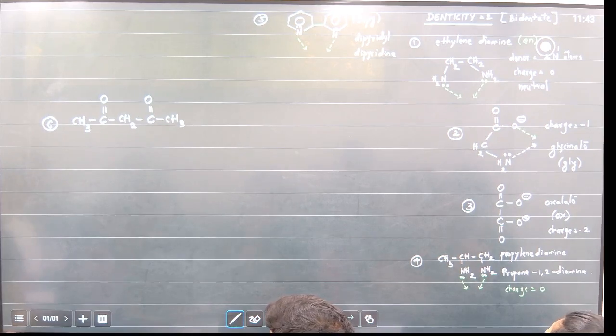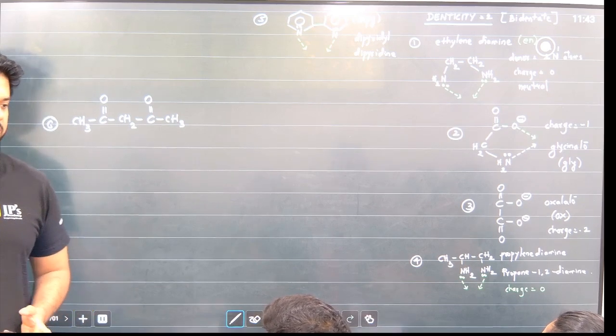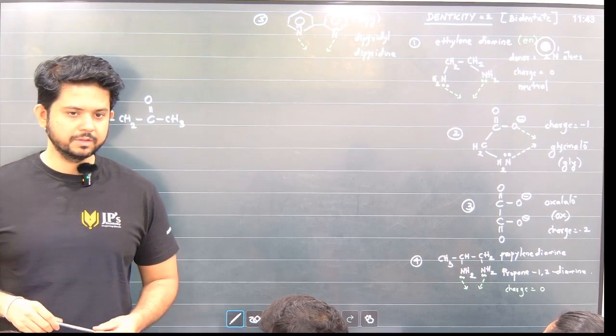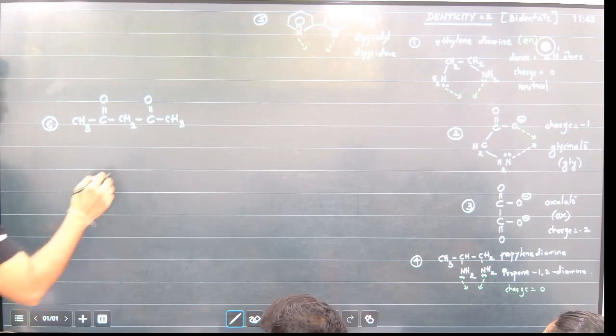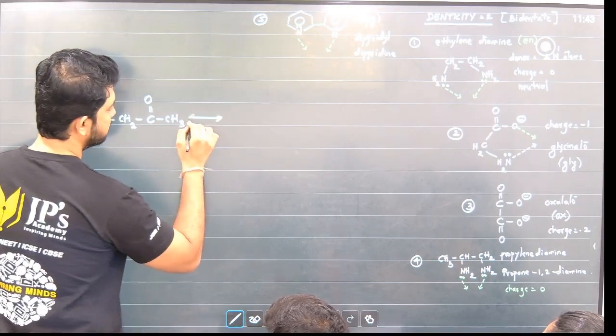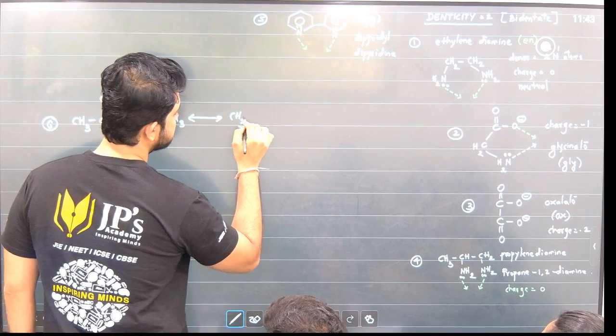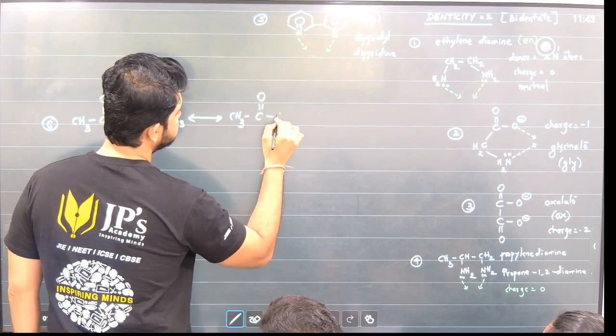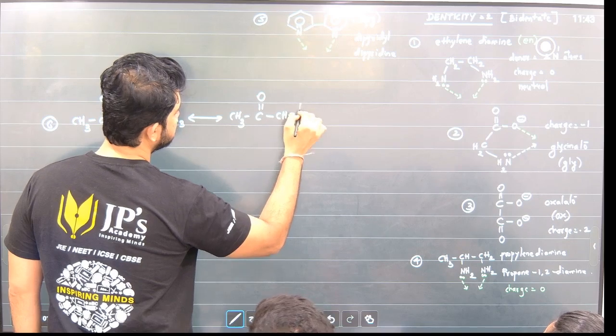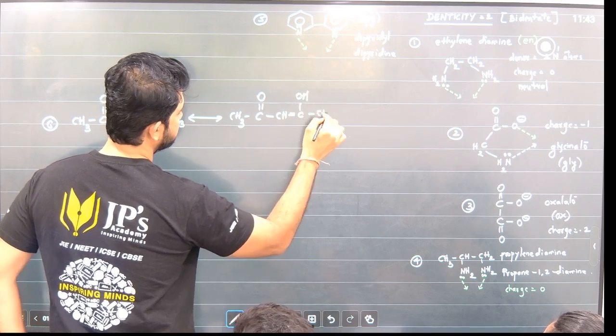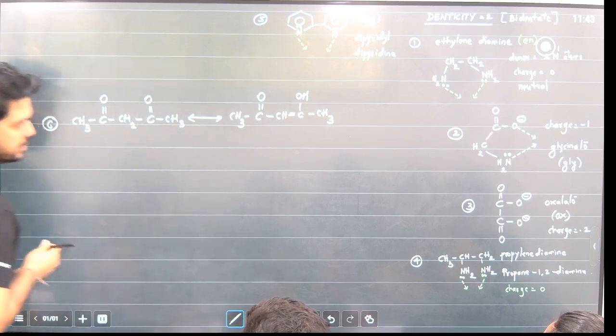This is keto form. We wrote its enolic form. What was special about its enolic form? Tautomerism के बाद we wrote something like this. This was its tautomeric form, I'm sorry, enolic form. There was something special about this enolic form.